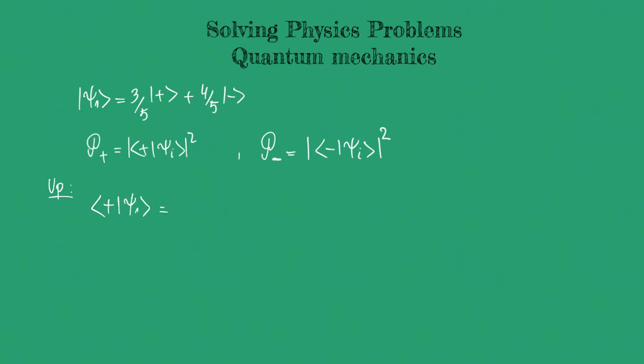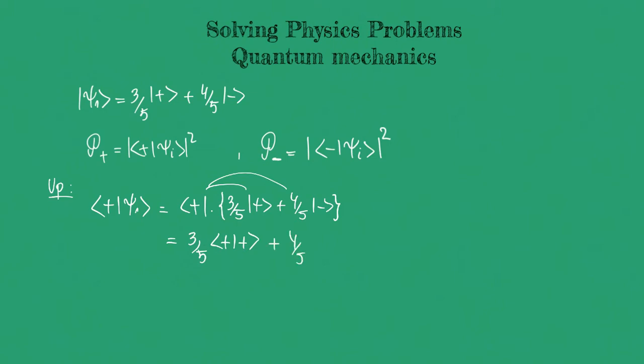That's a simple calculation. We just put here bra plus, that multiplies 3/5 ket plus, plus 4/5 ket minus, and multiply term by term here, and we have 3/5 bra plus ket plus, plus 4/5 bra plus ket minus.